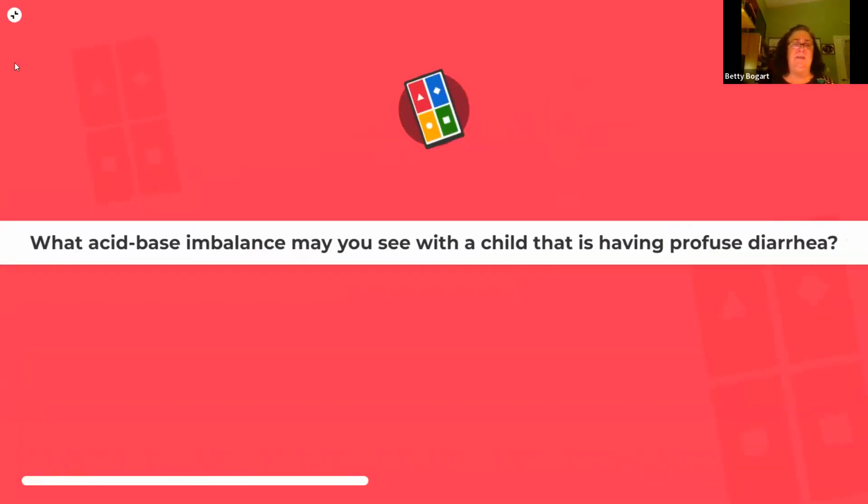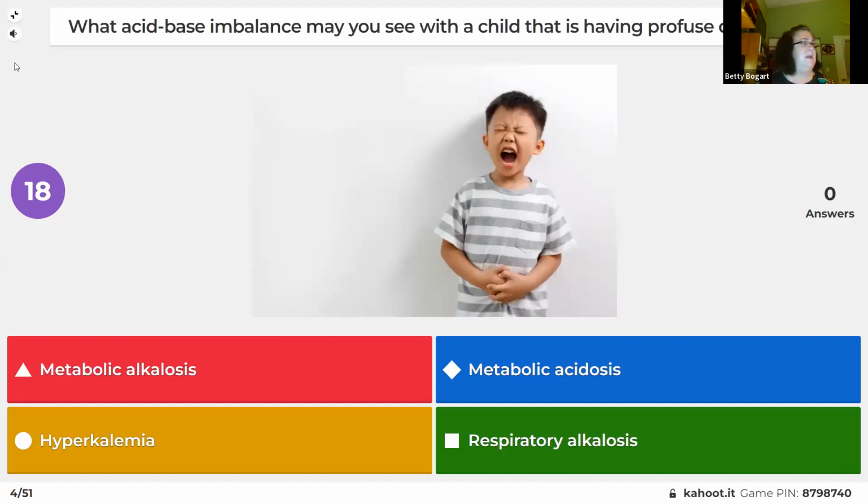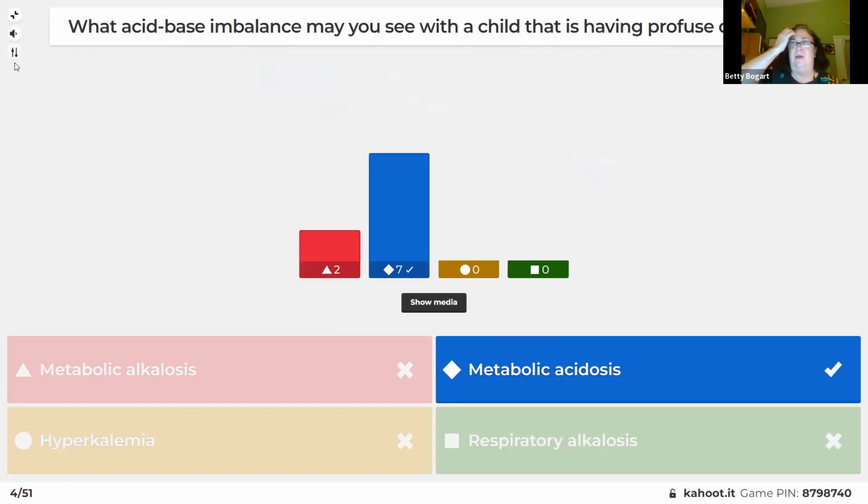What acid-base imbalance might you see with a child having profuse diarrhea? You're going to see me throwing in some acid-base questions because there were several on the HESI, and I know they come on the NCLEX.